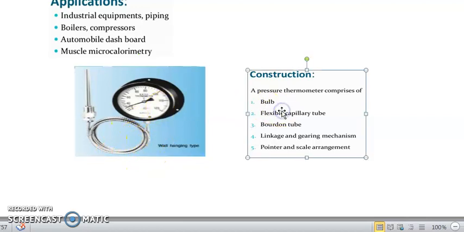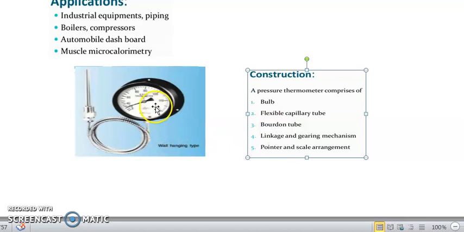Its construction is made up of a bulb, which is at the tip of this rod, and a flexible capillary tube. These are known as capillary tubes, which are flexible and can be shaped in any manner.